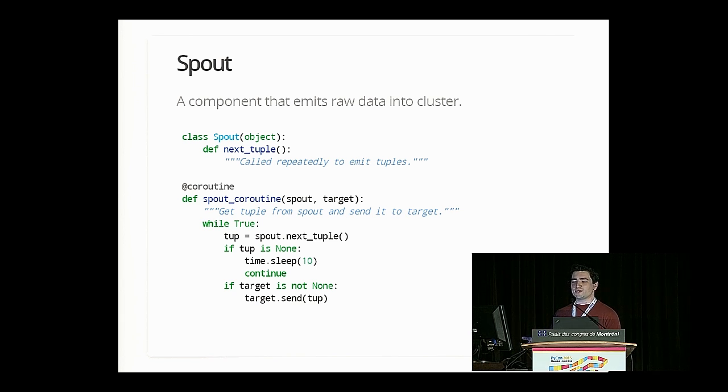I wrote a little coroutine here, which, in a tight while loop that just spins, is grabbing tuples from this API. If a tuple exists, it's sending it downstream using the generator send method. And if it doesn't exist, then it just sleeps for 10 milliseconds and then retrieves a tuple again. And this is kind of modeling what Storm does when it works with your spout component.